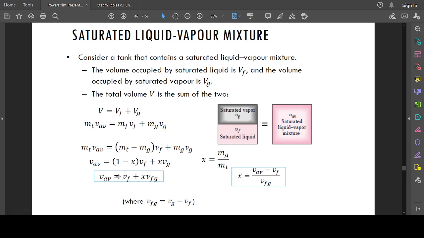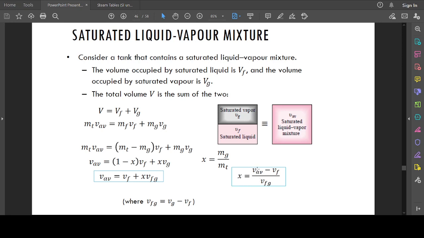So the average specific volume of the system is equal to the specific volume of the liquid plus x times the specific volume of the liquid and gas, Vfg. Now we can make x the subject of formula in order to find another way to calculate quality. In the case that we don't know the mass of the gas and the total mass of the gas and the liquid, then we can use the specific volume to calculate the quality of the mixture.